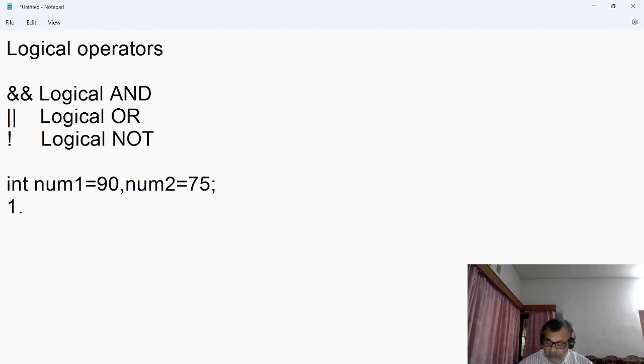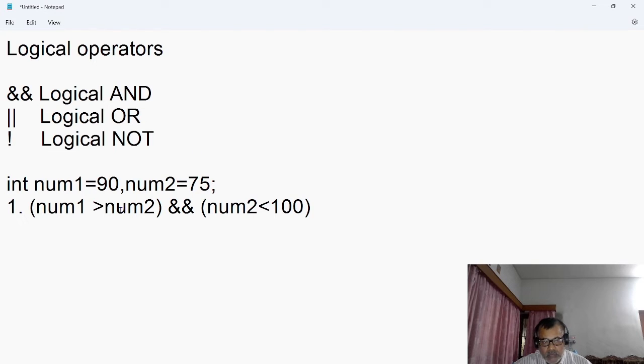If I write num1 greater than num2, and in this I want to write the logical AND and connect it with another expression, that is, num2 less than 100.